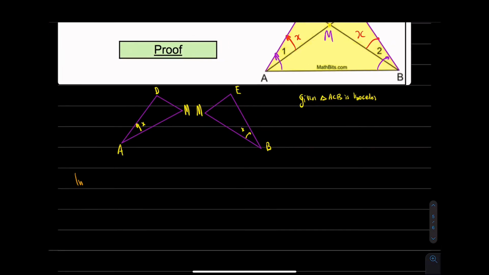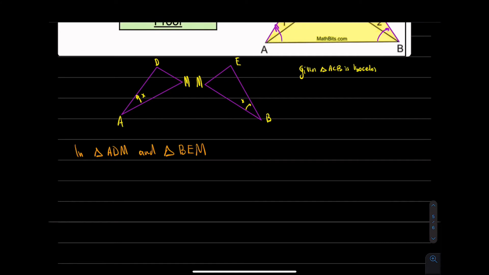We're going to say in triangle ADM and triangle BEM. Cool. We're just going to tell them which triangles we're looking at, and then we're going to start our proof. So the first thing that they've given us is obviously that angle DAM is equal to angle EBM, right?